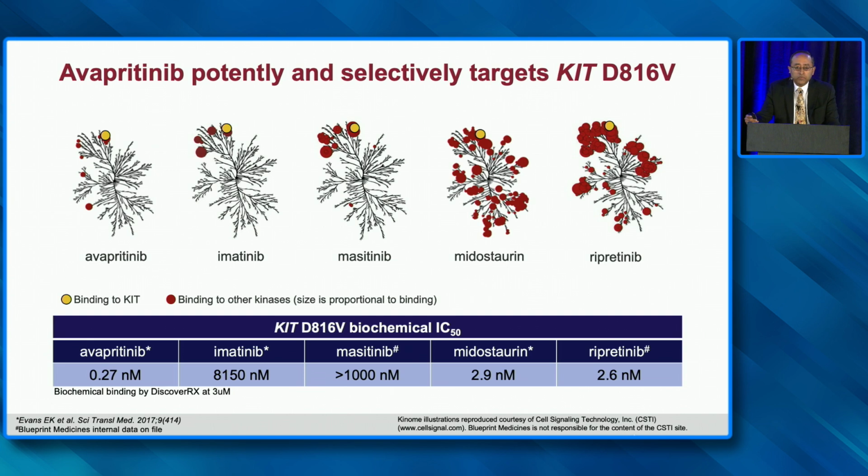Avapritinib was approved for advanced SM in 2021 and then for indolent SM in 2023. As you can see here, if you look at the kinomes, especially in contrast to the other approved drug, midostaurin, which is approved for advanced only, avapritinib clearly has a much cleaner kinome.